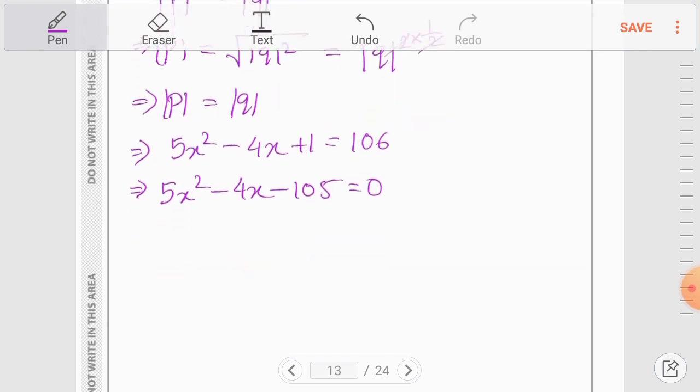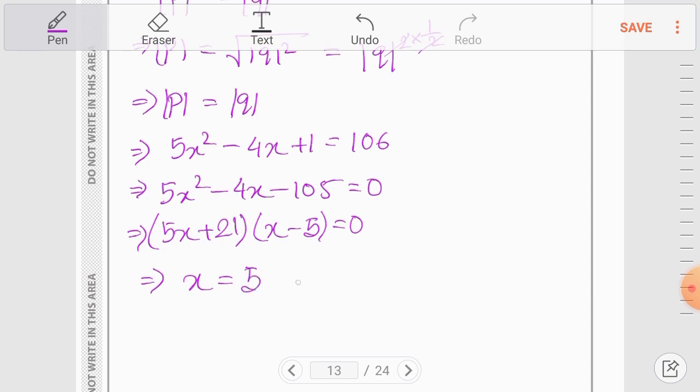And by using the middle term, we would get 5x plus 21 and x minus 5 is equal to 0. So they both will give you a value of x, that is, one would be x equals 5 and the other would be x equals negative 21 by 5.